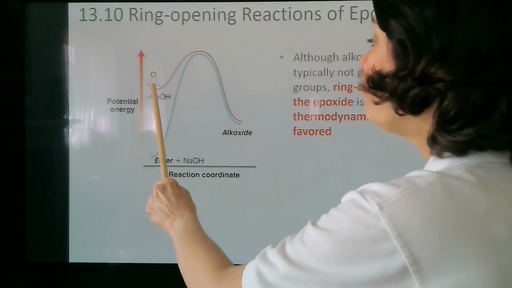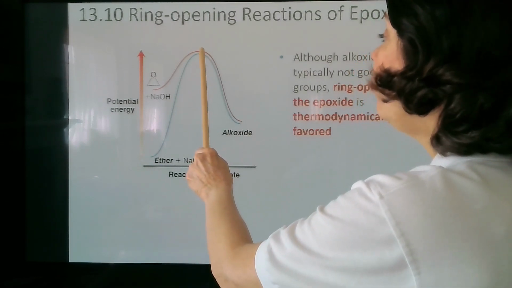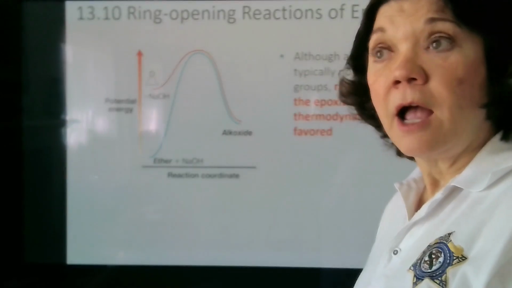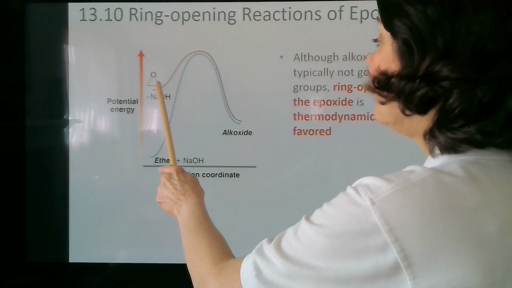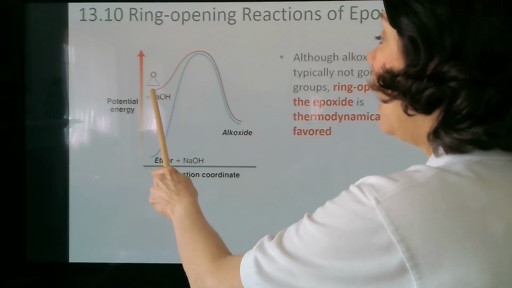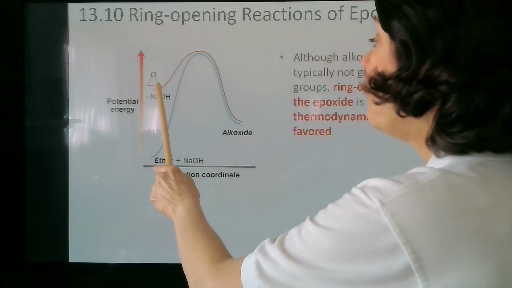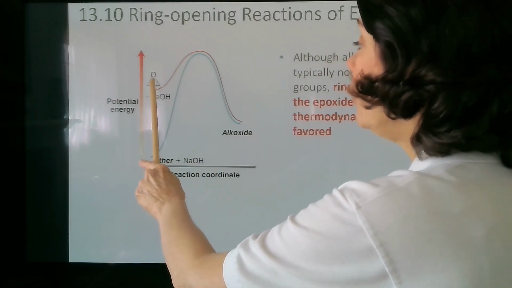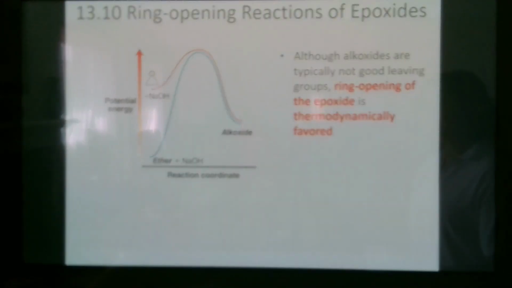So even though the cyclic ether and the acyclic ether go through transition states that have very similar heats of formation, the energy of activation for a cyclic ether, the epoxide, is much lower because you're starting with a much higher energy reactant than a typical acyclic ether.